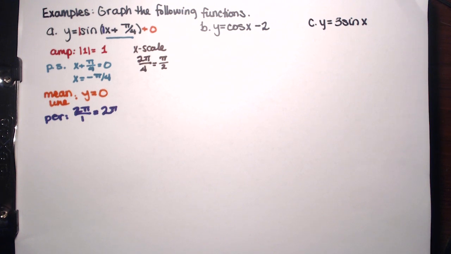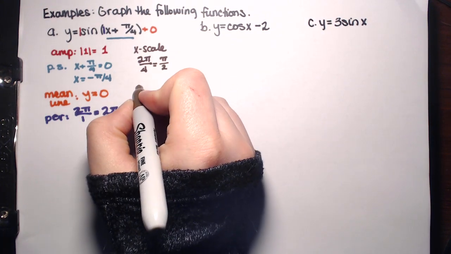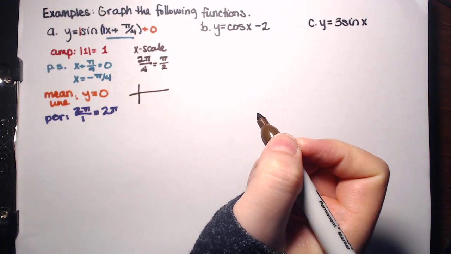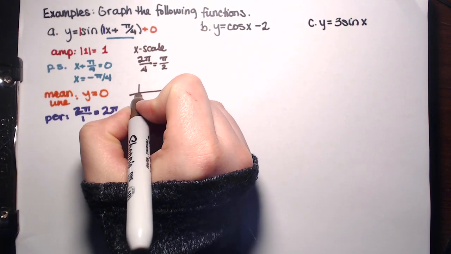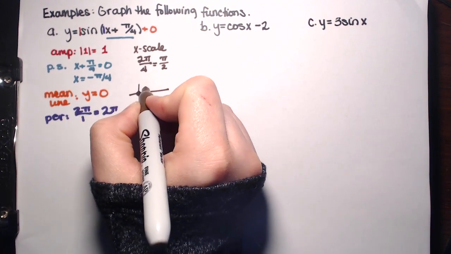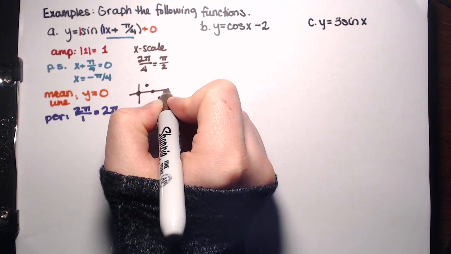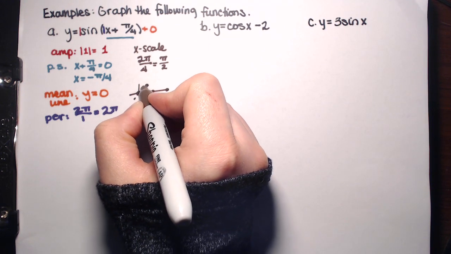So everything is going to be the same for sine, except we have a phase shift. But I'm going to draw just the very general idea of the sine graph. Sine starts in the middle, and then it goes up, down, down, up, and then repeats itself.